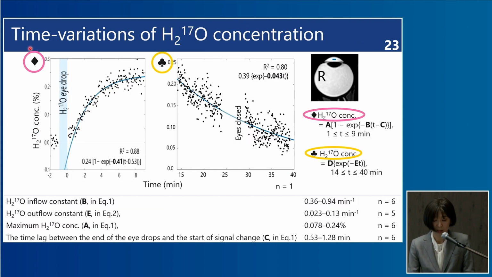Here is the time variation of O17 water concentration obtained from the same subject as the previous slide. Inflow and outflow constants were determined using different exponential equations, which are provided here.